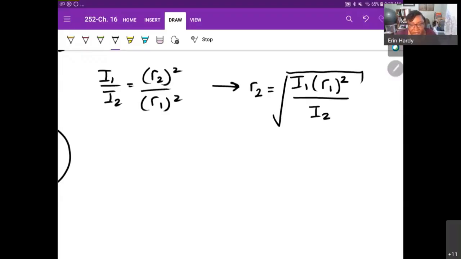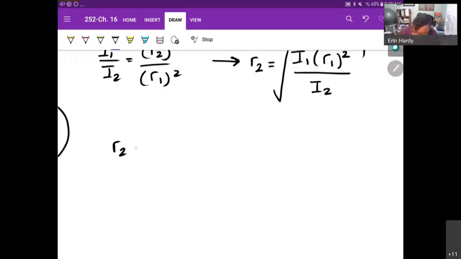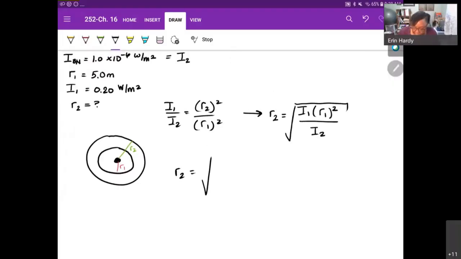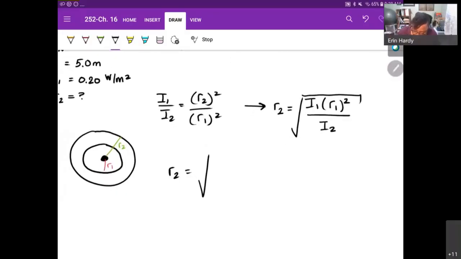I have an R squared underneath a radical. So R2 is going to be the square root of I1. So I1 is the intensity at location R1. We were given that from the previous problem. That's 0.20 watts per square meter. R1 is the 5.0 meters.